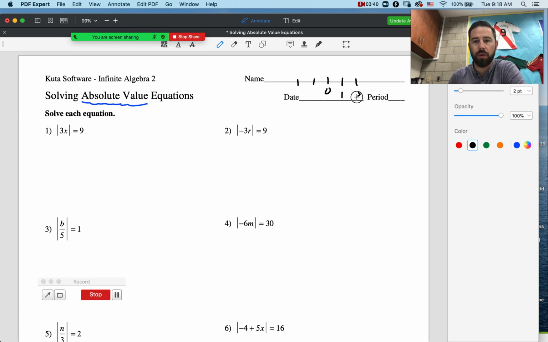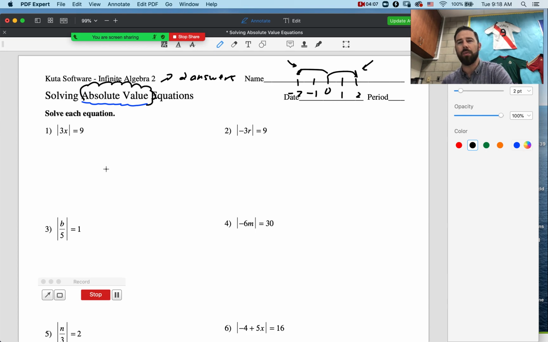This is 0, this is 1, this is 2, this is -1, this is -2. If I said, how many numbers are 2 spaces away from 0? You've always got two options: this guy over here and this guy over here. So for absolute value equations, you're almost always going to have two answers. Keep that in your mind.